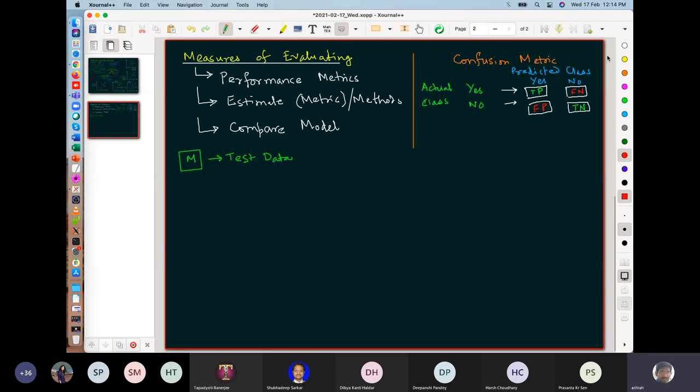This table is computed with respect to the predicted class and actual class over the M test data. As you can see, the number of true positive cases plus false negative cases plus false positive cases plus true negative cases will obviously be equal to M, the number of test data that I am experimenting with. Is this confusion matrix clear?